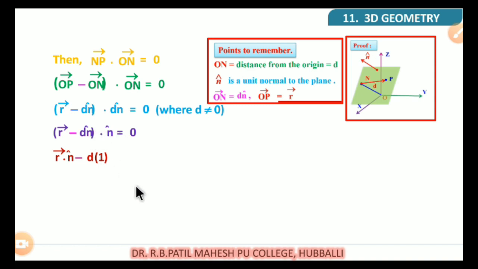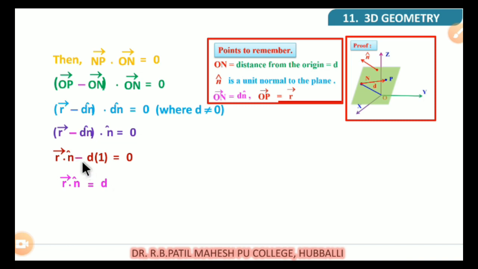Because n cap dot n cap is equal to 1. The dot product of a unit vector with itself is 1: i dot i is 1, j dot j is 1, similarly k dot k is 1. So n cap dot n cap is 1, and the whole expression is equal to 0. Transferring d to the right-hand side, we have r dot n cap is equal to d.